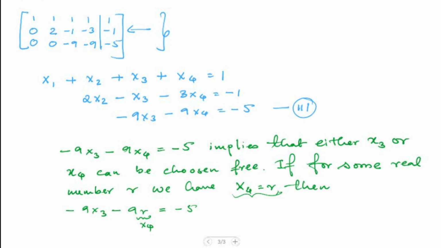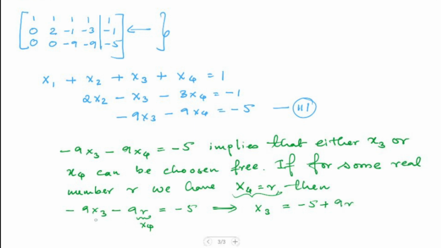So if we write the equation like this, making x3 the subject of the formula, we have x3 is equal to minus 5 already, and minus 9R will go to the other side and become plus 9R.